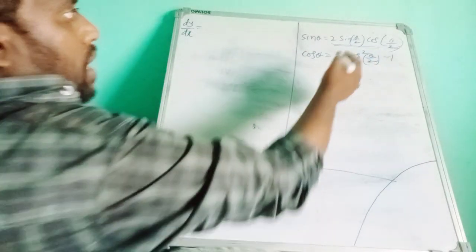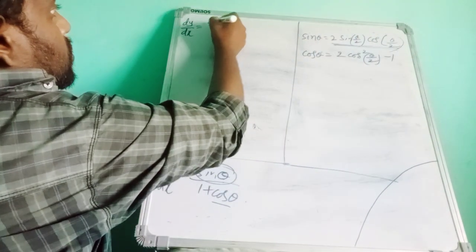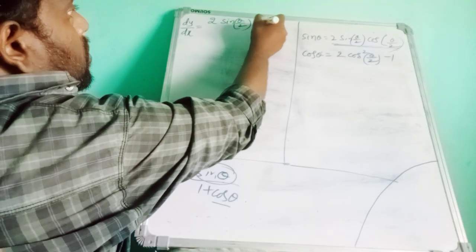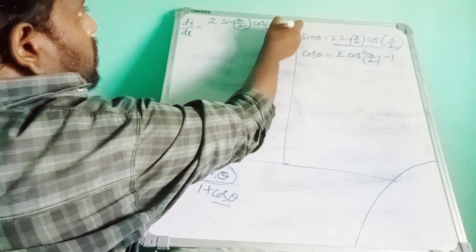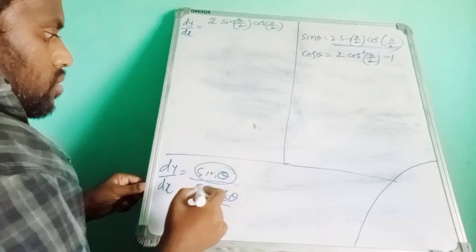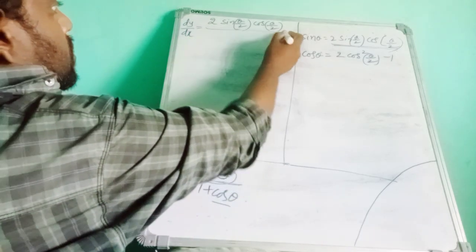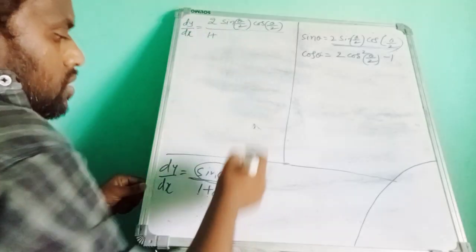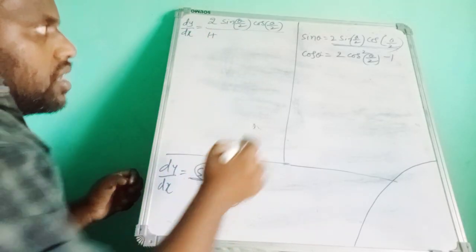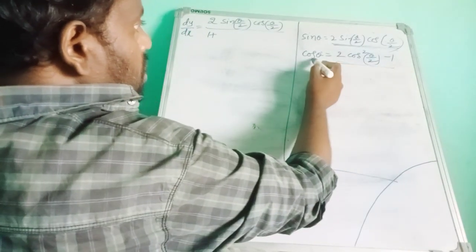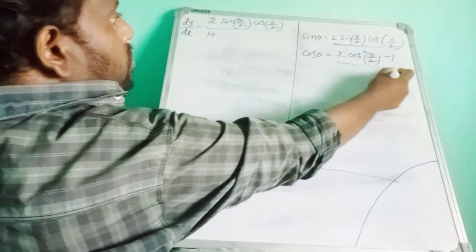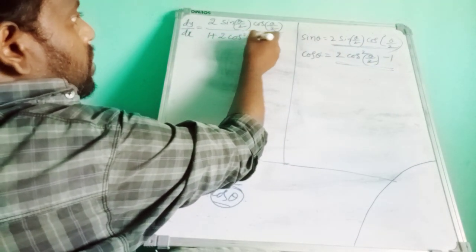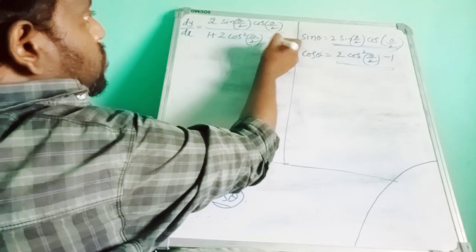In place of sin theta I am going to write 2 sin theta by 2 cos theta by 2, whole divided by 1 plus, and in place of cos theta I will write 2 cos square theta by 2 minus 1.